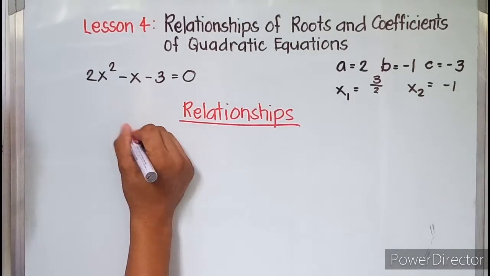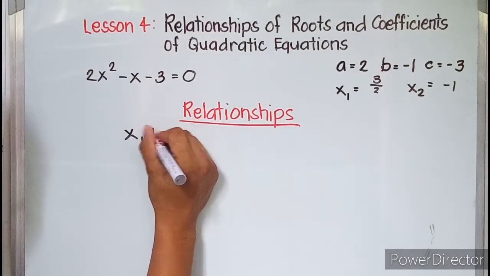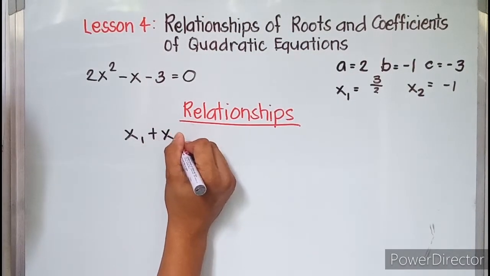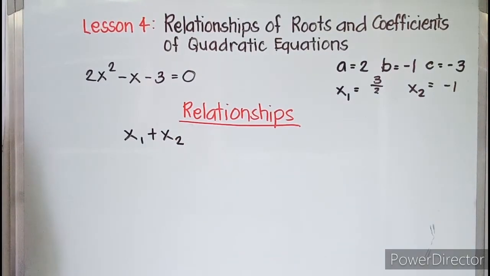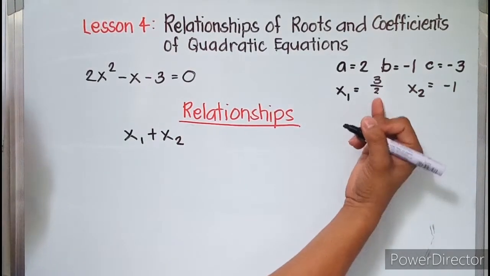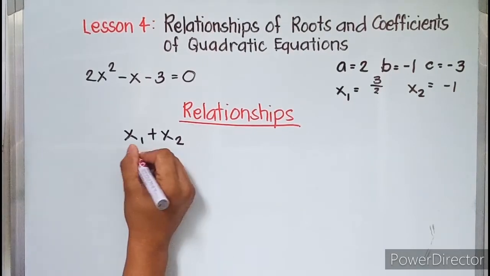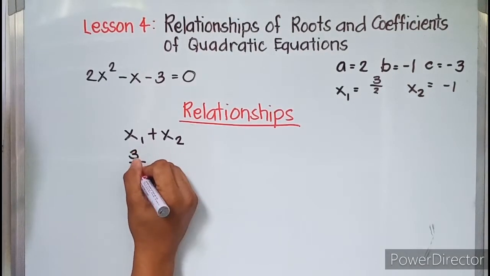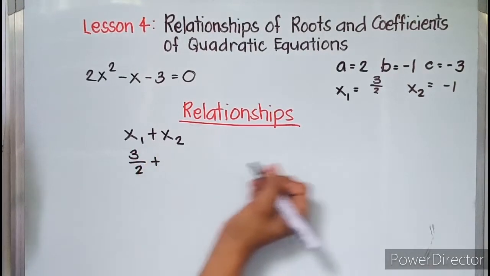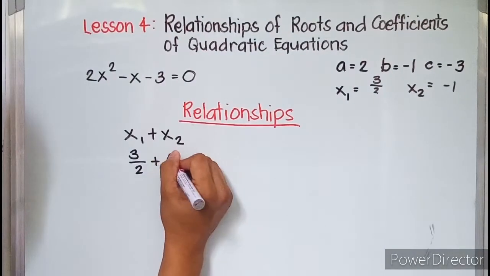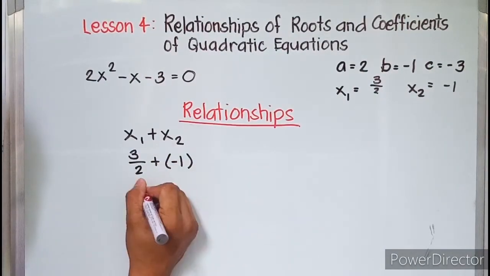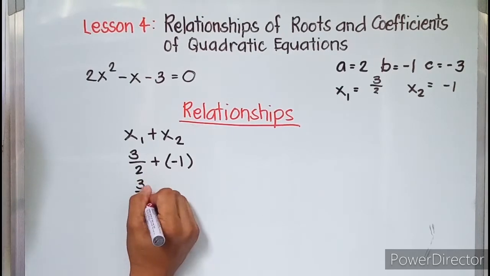So gawin natin na x sub 1 plus x sub 2. Tingnan natin kung ano ang mangyayari. So kung pagpaplasin natin, if we add 3 over 2 plus our x sub 2 is negative 1.